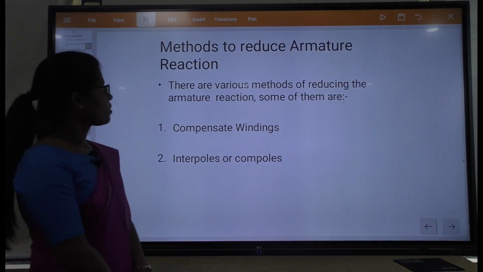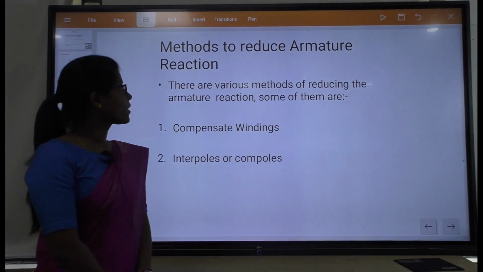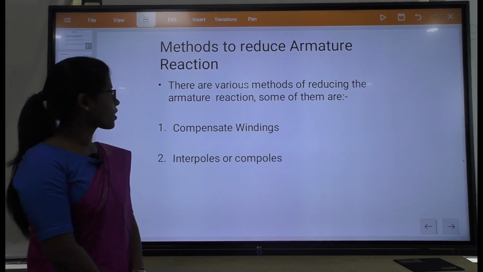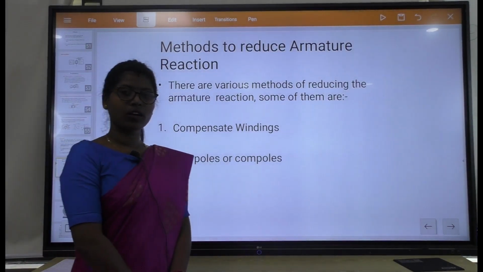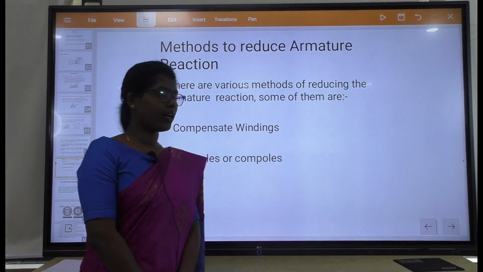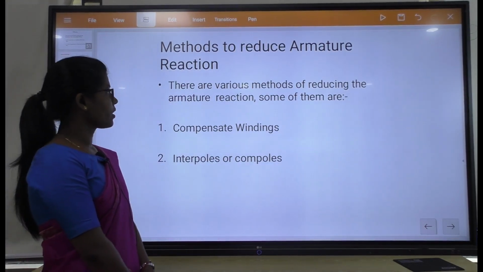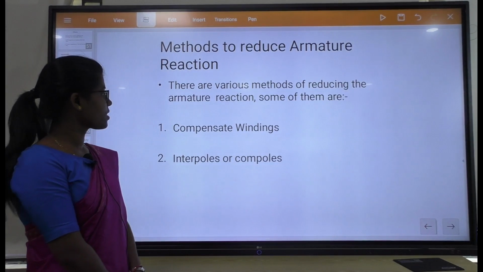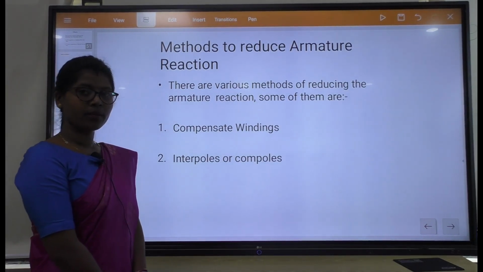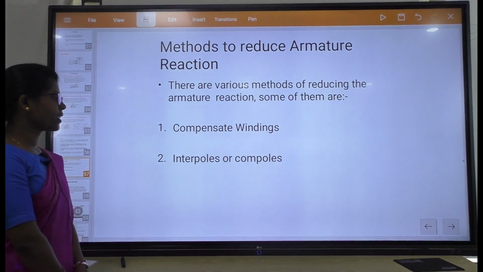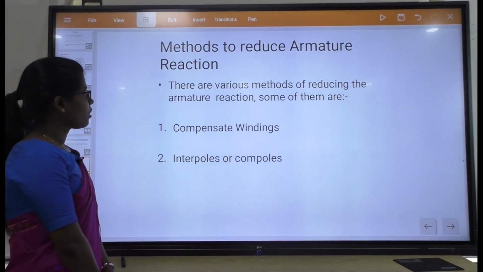There are two methods to reduce the negative effects of the armature reactions which occur in the DC machines. So, we use compensating windings and interpoles to overcome these effects.